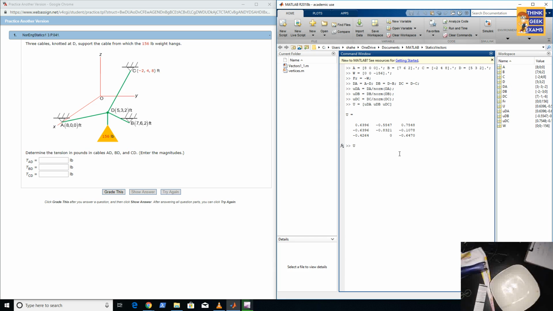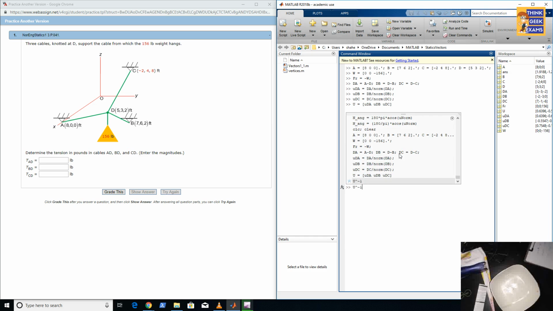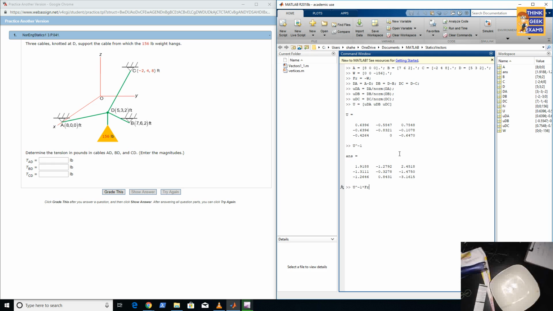Let's try to see if this inverse even exists. And it exists, so we can use that times FR, let's call this the T vector, and that should create our answers for us.